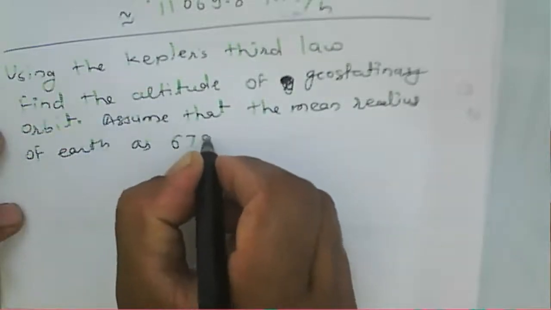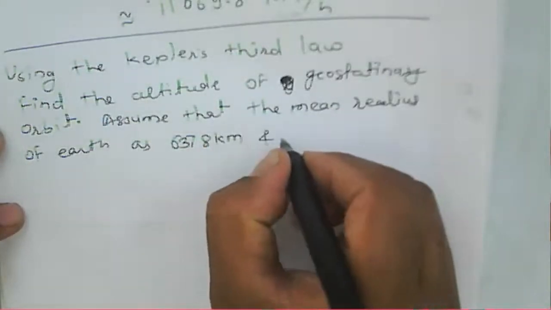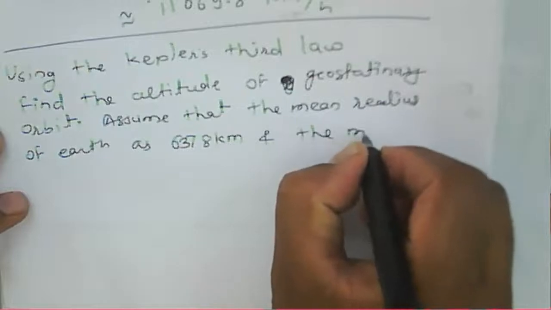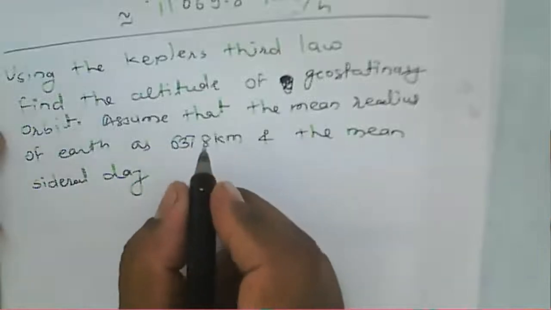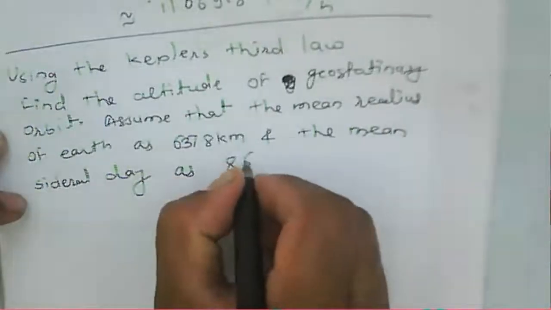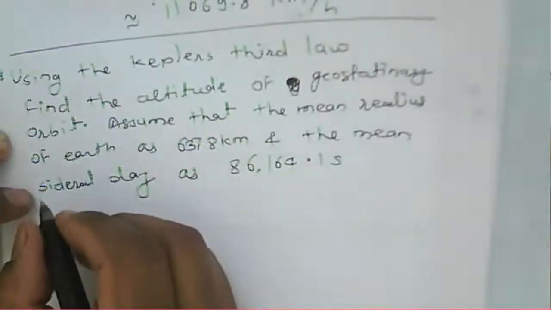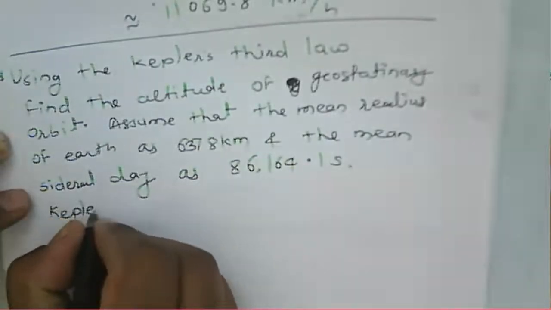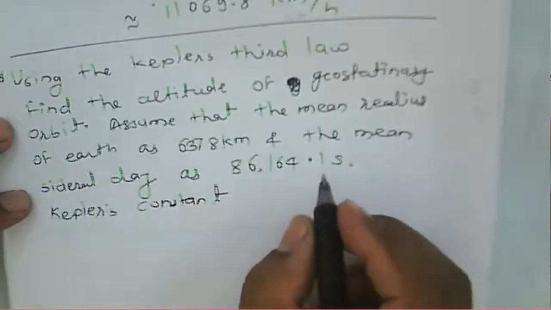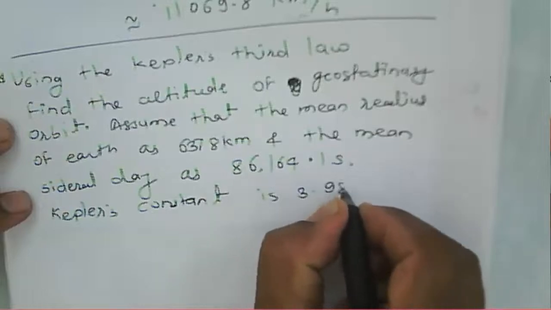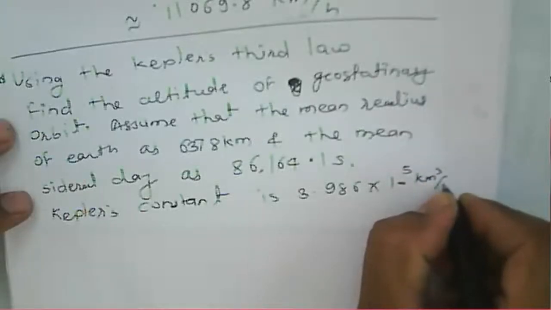as 6378 kilometer, and the mean sidereal day as 86,164.1 second, and Kepler's constant is 3.986 into 10 to the power 5 kilometer cube by s square.